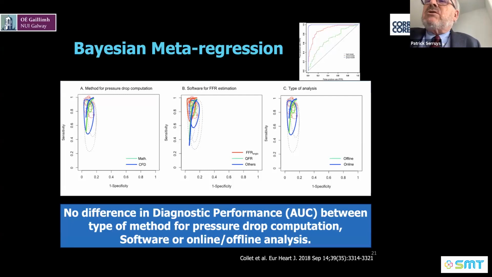The software give you very similar results. And whether you do online or offline, it doesn't matter. In conclusion, in that paper with Collet, Yoshinuma, and myself, there was no difference in diagnostic performance between type of method for pressure drop computation, software, or online, offline analysis.